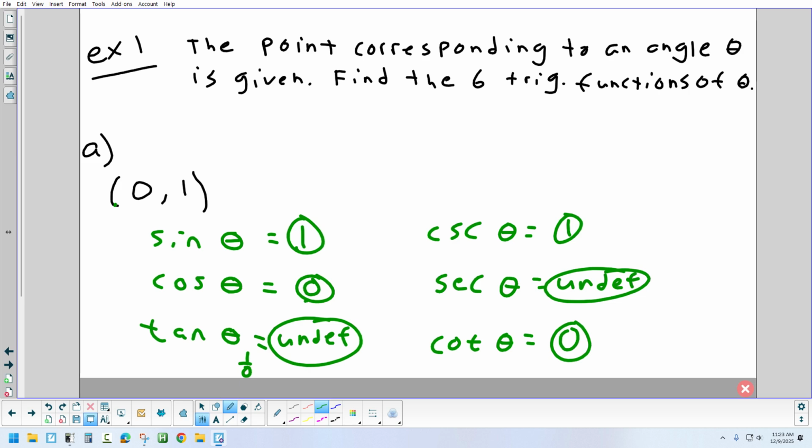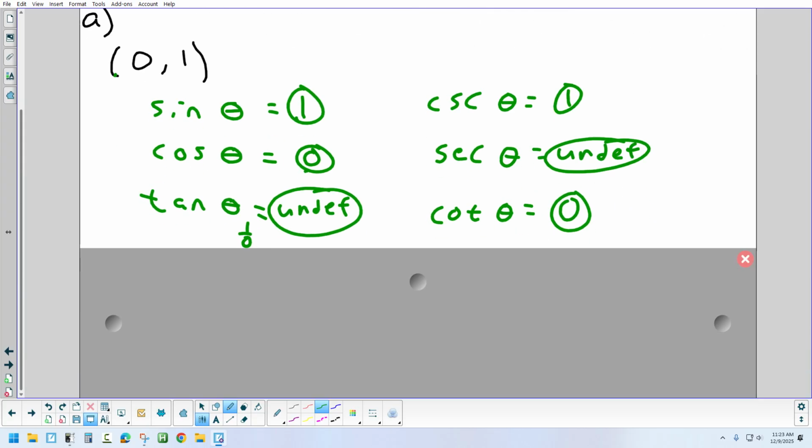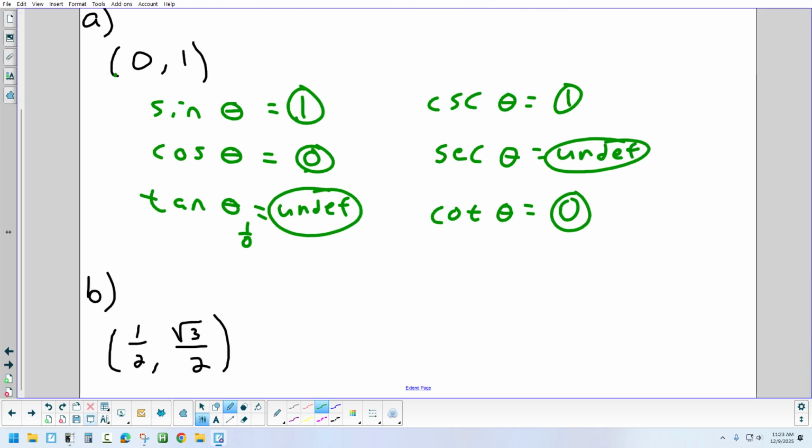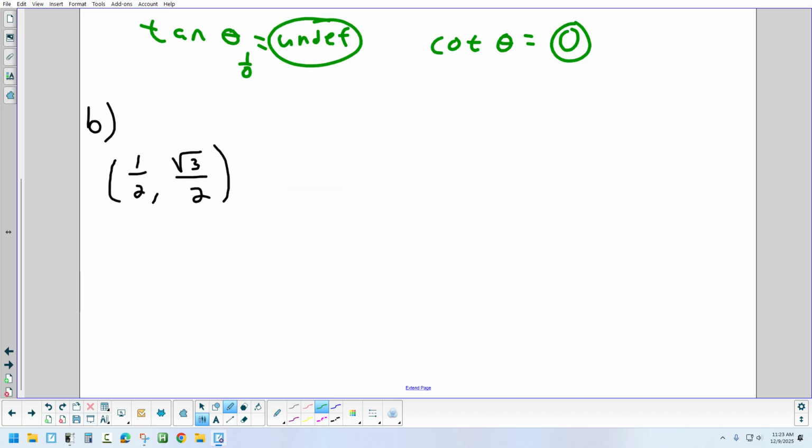All right, let's look at the next one. What's different about that coordinate? 1/2, comma, √3/2. Yeah, they're fractions. Okay, we've got fractions. So based on what I've shown you so far, you know that that's not the coordinate for what?